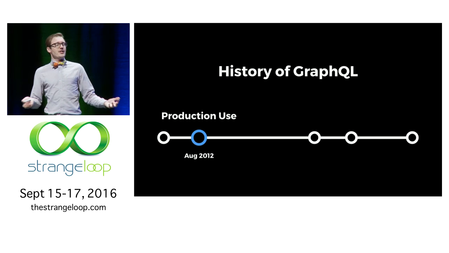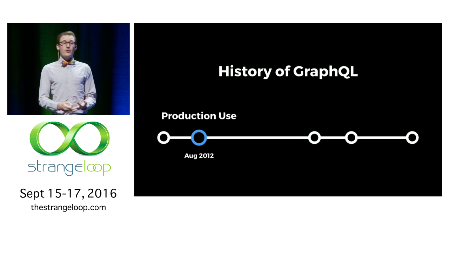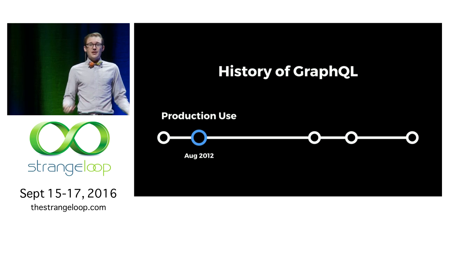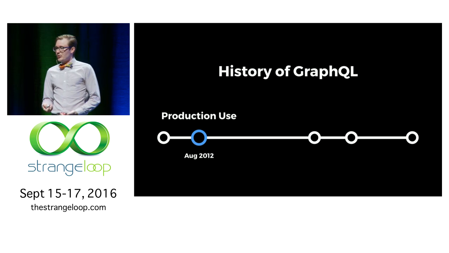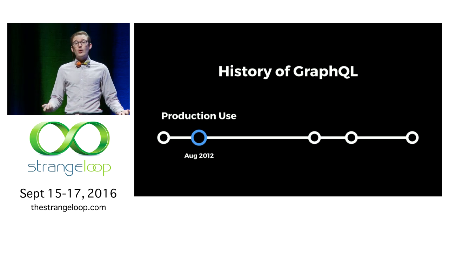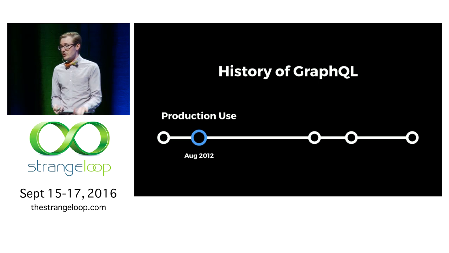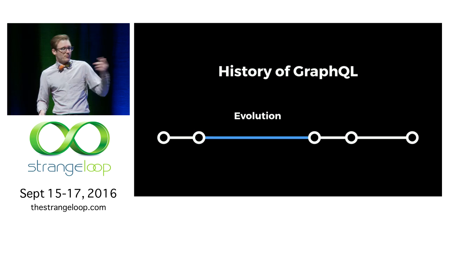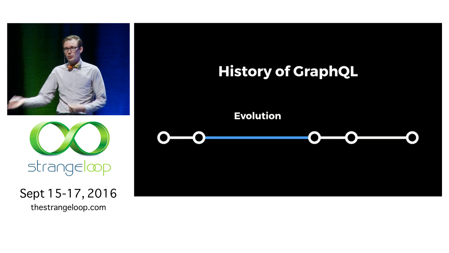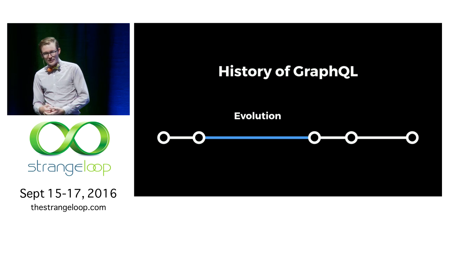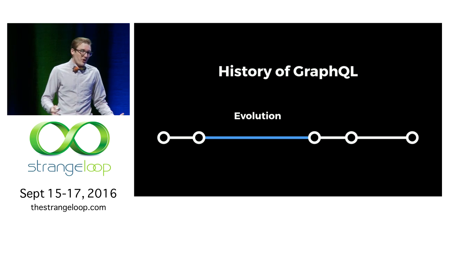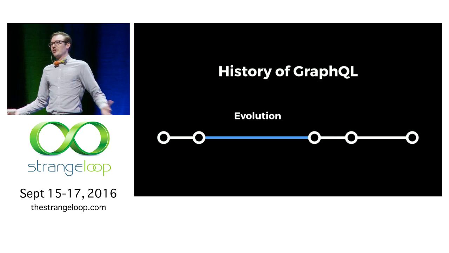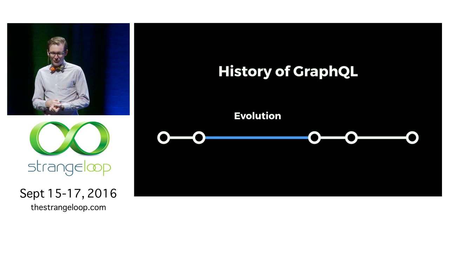As soon as other teams around our company saw, one, that it was fast, and two, that the team was excited about the developer experience, we started to get inundated really quickly with requests to extend GraphQL to more teams at Facebook. First came photos, profile, groups, then events, and then quickly the rest of Facebook. This is when we bothered to form a team around GraphQL and make it a little bit more formal.